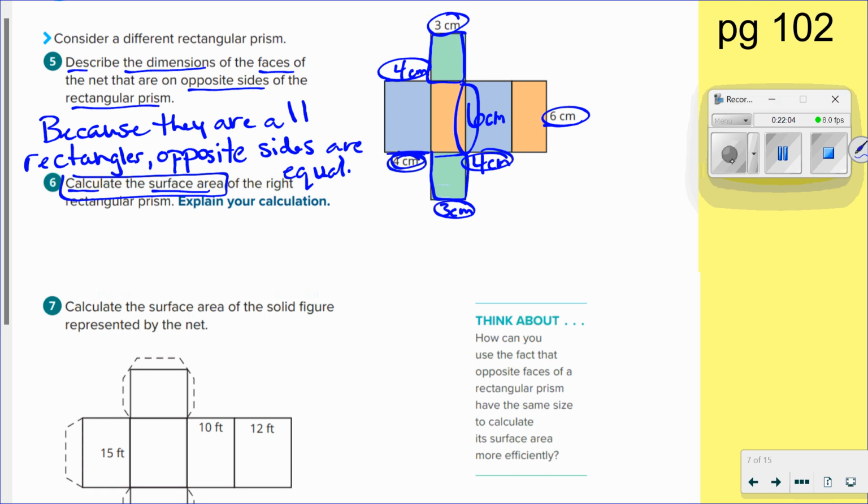All right, we're going to go over number 6 quickly before I let you continue with number 7 because some of you are struggling. First off, this is exactly what we've been doing with complex figures. You are finding the area of each individual shape and then adding them together to get your total surface area. Make sense? Okay, so you have a net. 2D, yes?